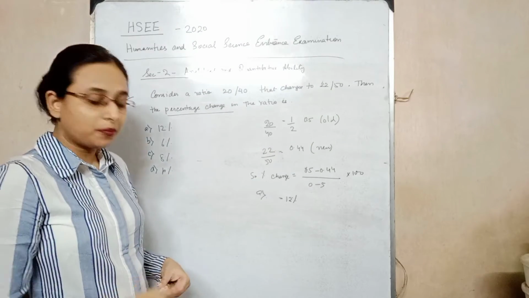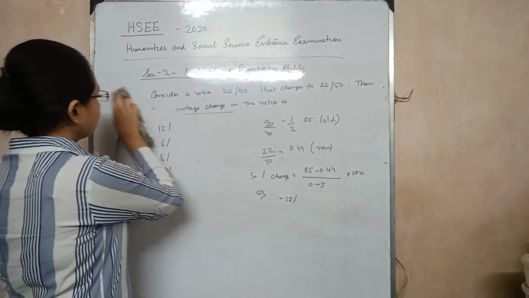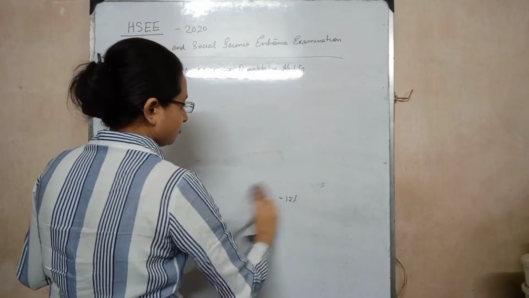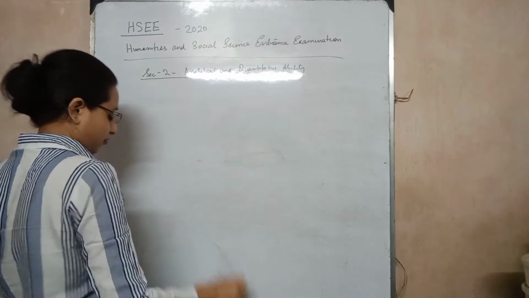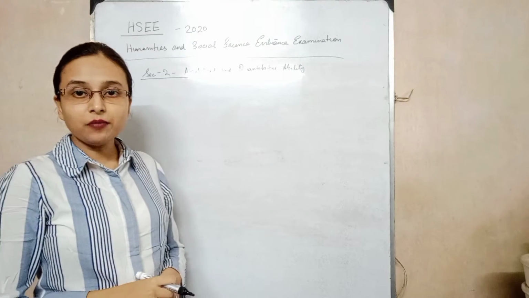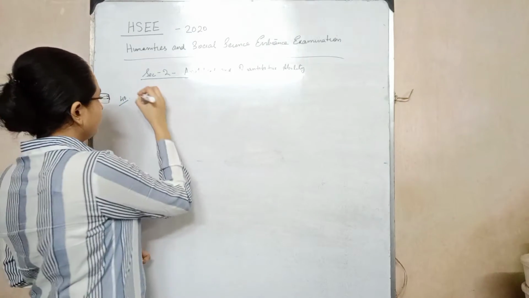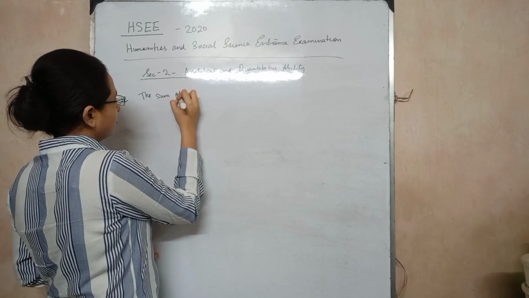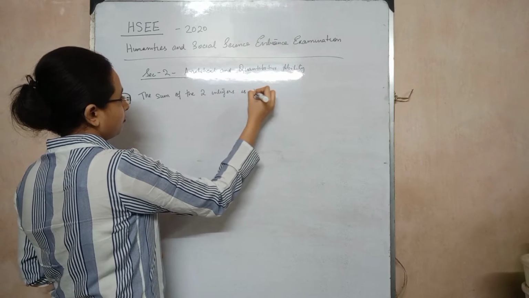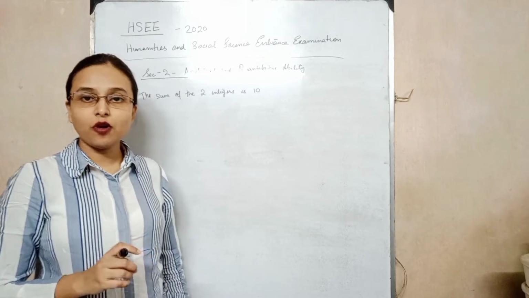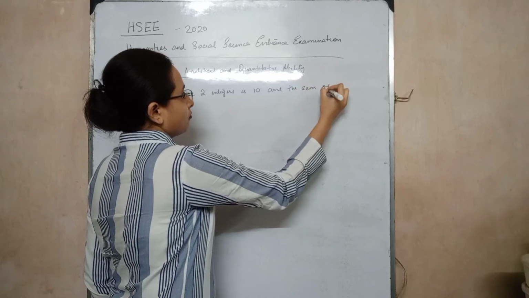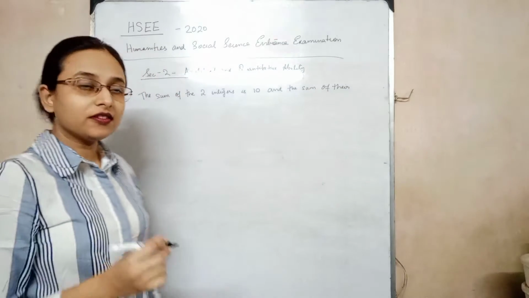Now moving on to the next question, number 40. The sum of the two integers is 10, and the sum of their reciprocals is 5/12.